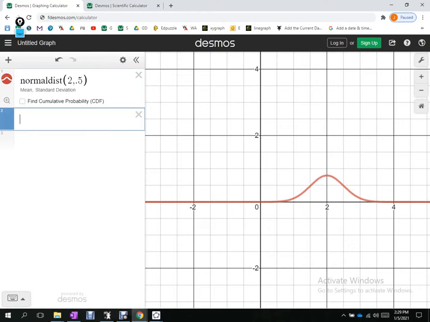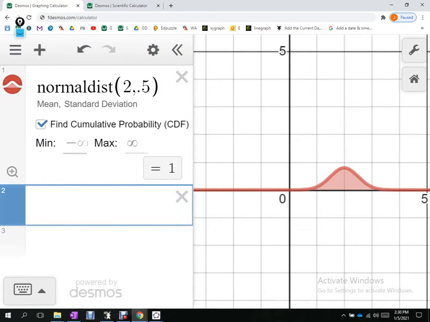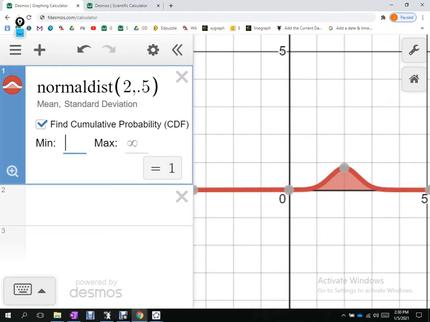When we do that, if I want to find the area underneath this curve between two x values, you see this little box right there, with a little check mark. If I click that check mark, it's going to open an interval here. I know it's hard to see from where you're at, but you kind of see a negative infinity here and a positive infinity right there. They're auto-populated, and once you delete everything out of that box, that negative infinity or positive infinity is going to be there.